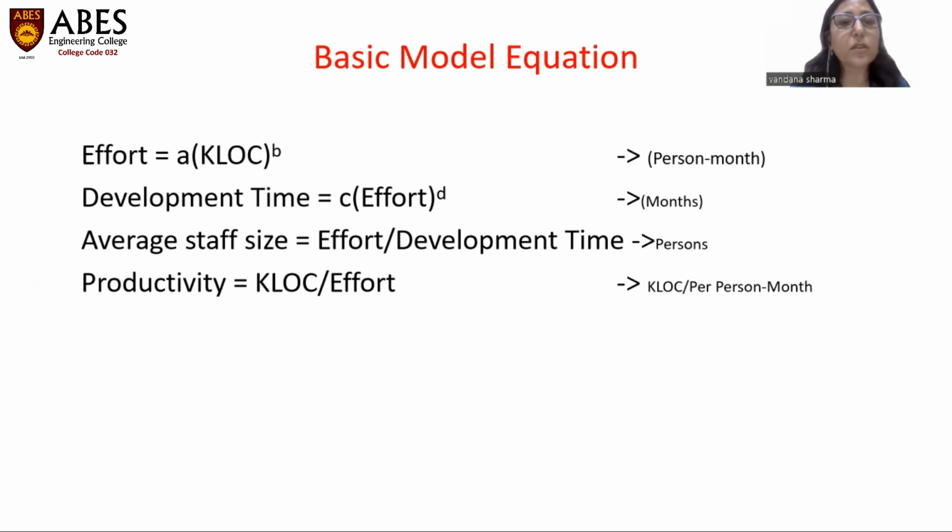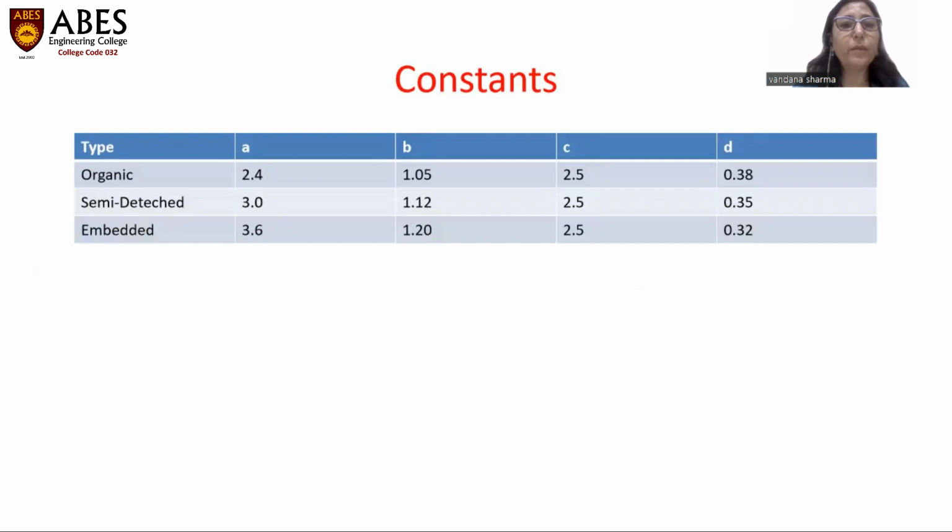We can see these constants in the given table. These values are predetermined. You have to remember these constants. So for organic, A is 2.4 and B is 1.05, C is 2.5 and D is 0.38.